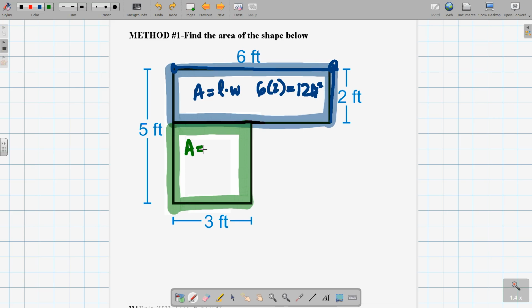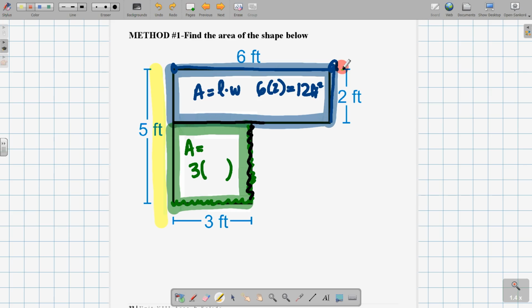Area down here. Let's physically trace your length and width. Length. Physically trace it. Width. Careful. Your width is not 5. Look very carefully. Your width there is only from here to here. This whole side is 5.